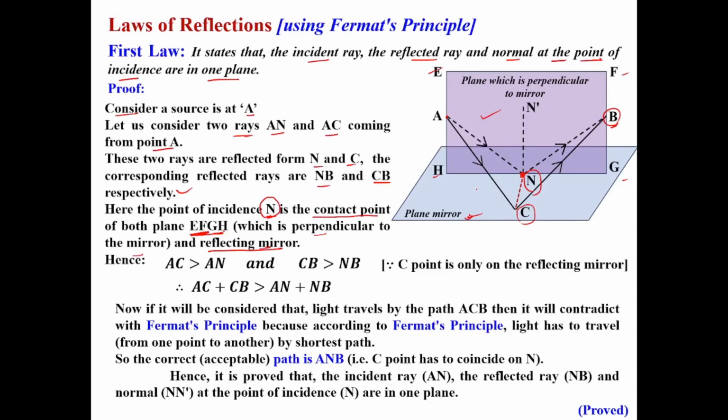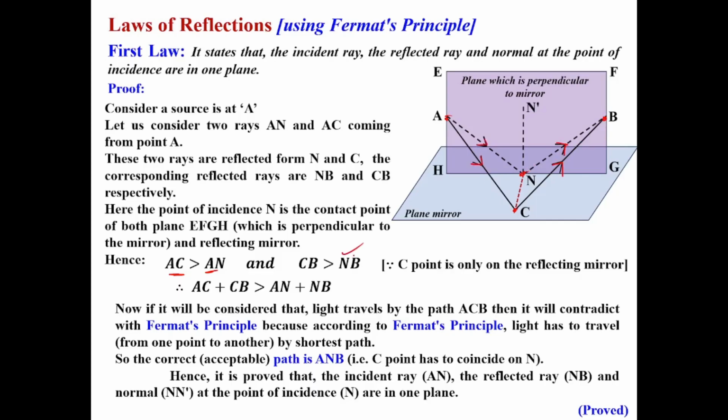Okay. From the figure, you can see AC is a larger distance than AN. AC is greater than AN, and the CB path is greater than the NB path.